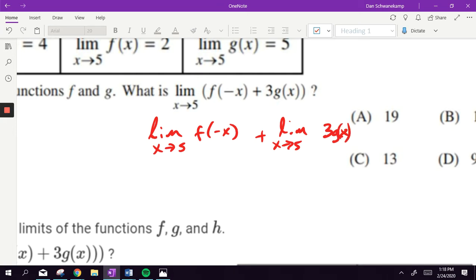Let's see what's happening. If I'm finding the limit as x approaches 5, I need to find the limit as we approach from the left and the right-hand side. So what values are you looking at here to approach? What's a number that's a little bit less than 5? 4.9. And so if I am doing 4.9, I'm then doing the negative of that x. And so I'm really looking at negative 4.9.